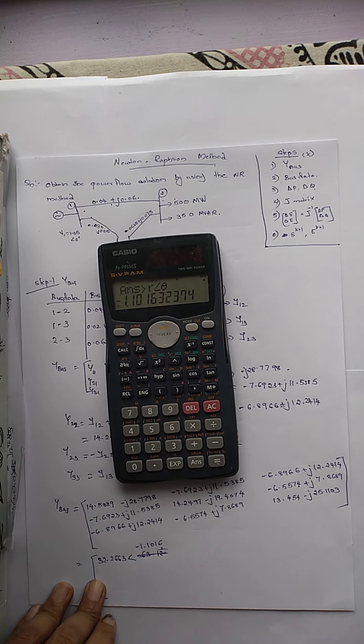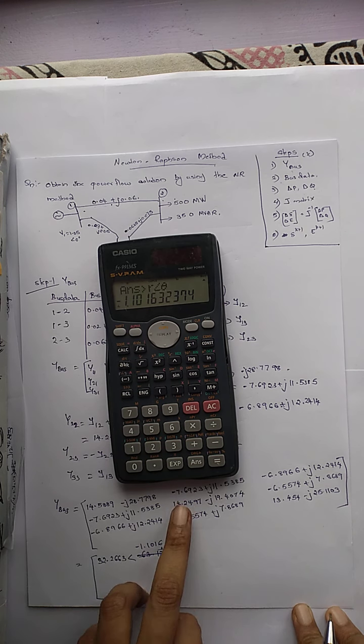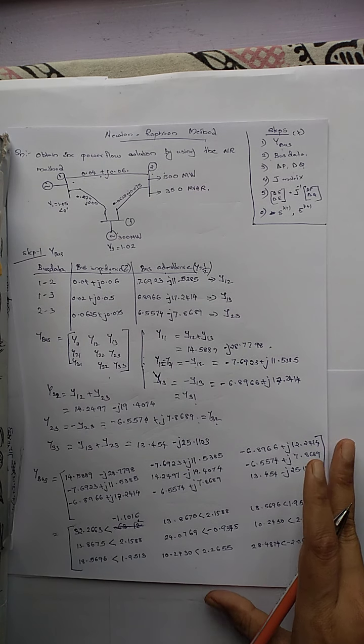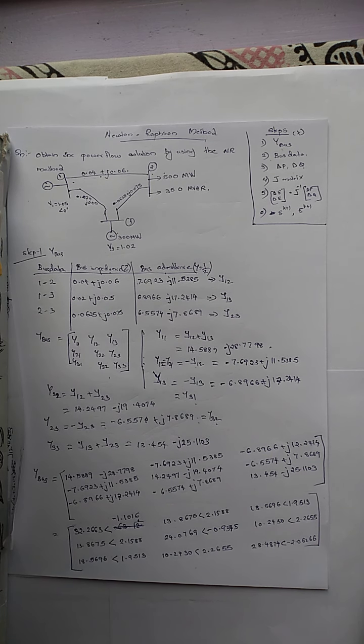Again I have to do this for the rest. So I have converted my values into corresponding polar form. While doing this, we have to keep our calculator in radian mode. That is the thing we have to remember. We are doing our Newton-Raphson method in radian mode.